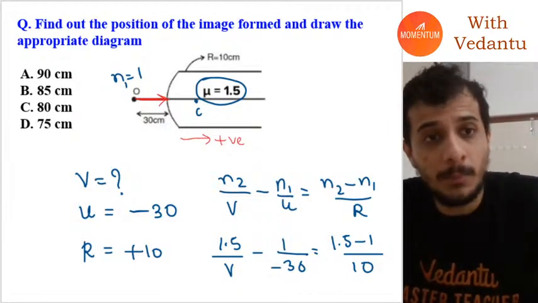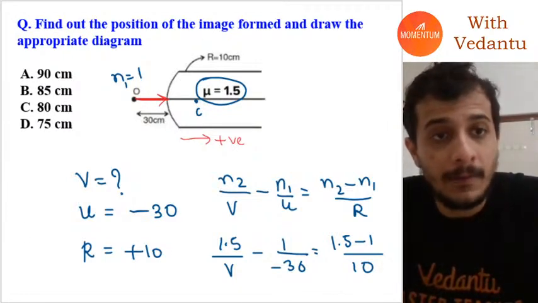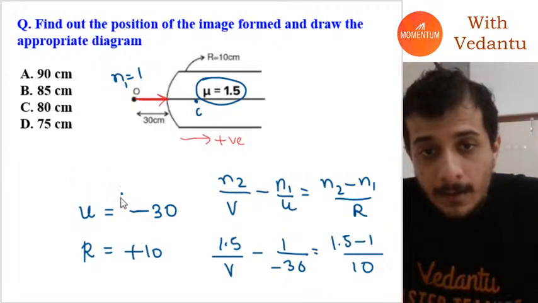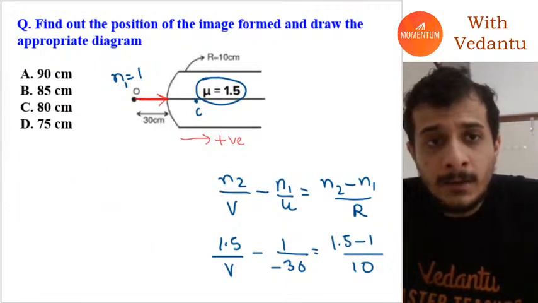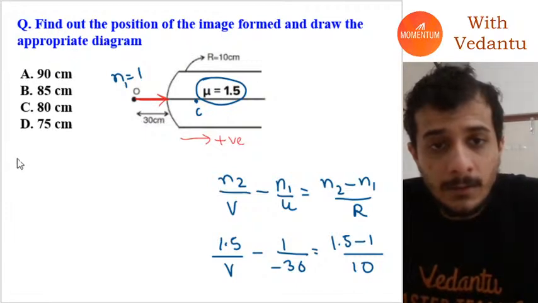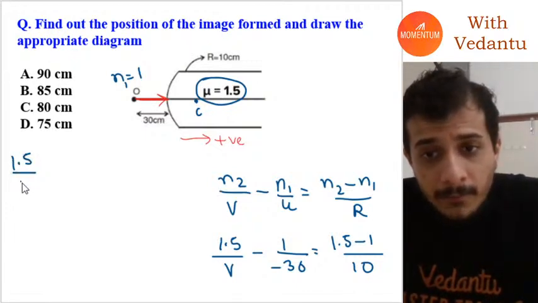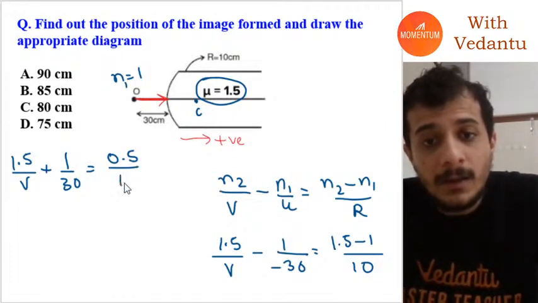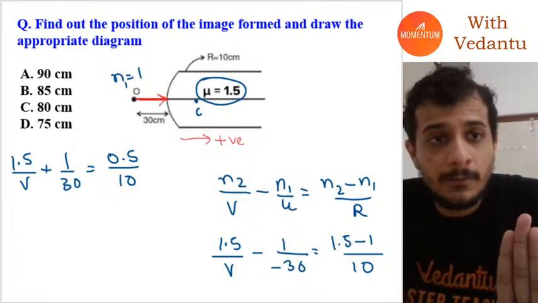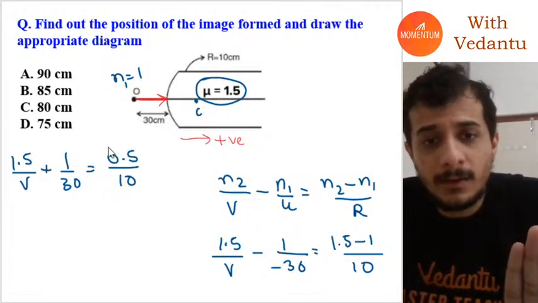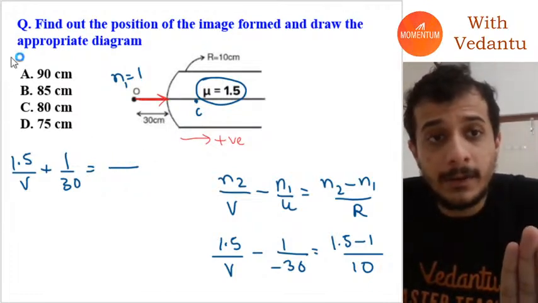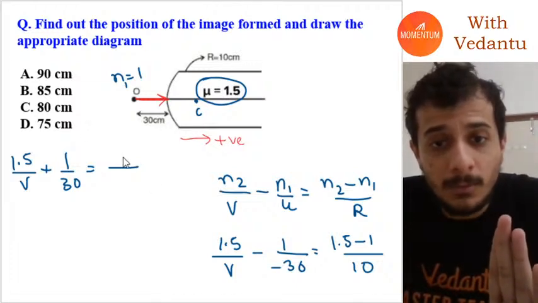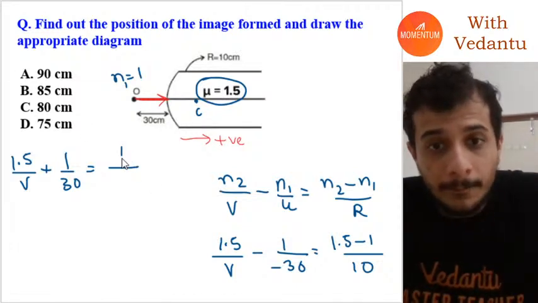Now do a little bit of calculation. What you get is 1.5 by v plus 1 by 30 is equal to 0.5 by 10. Now 0.5 by 10 is just equal to 1 by 20.